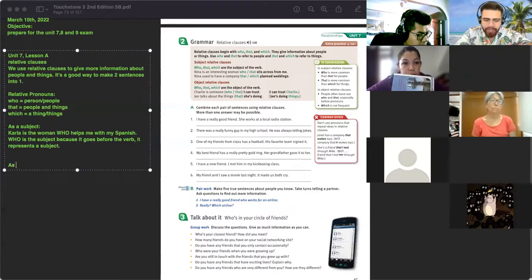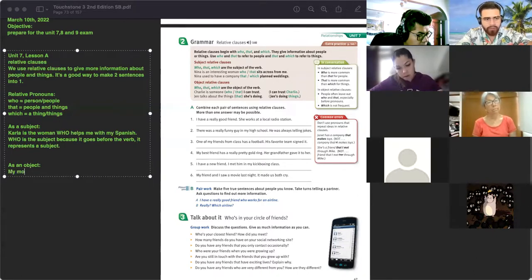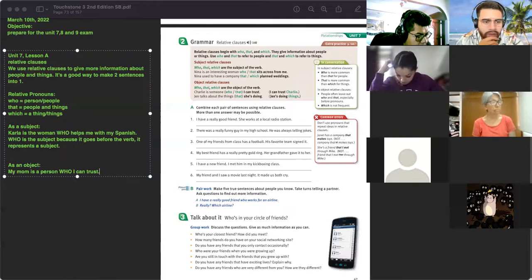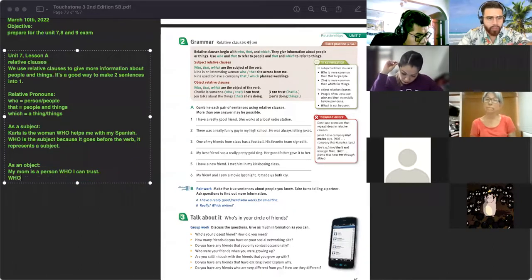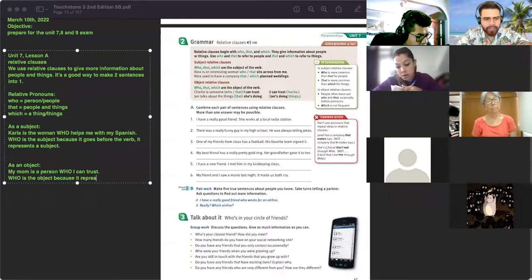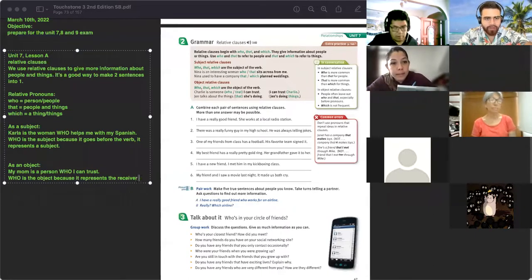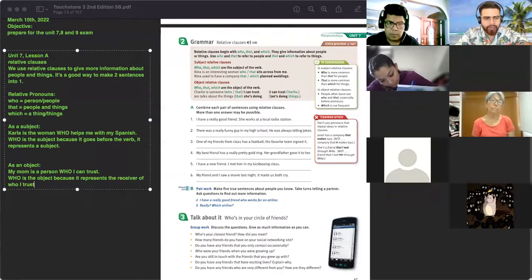Now, as an object, it would look something like this. My mom is a person who I can trust. Who is the object because it represents the receiver of who I trust.